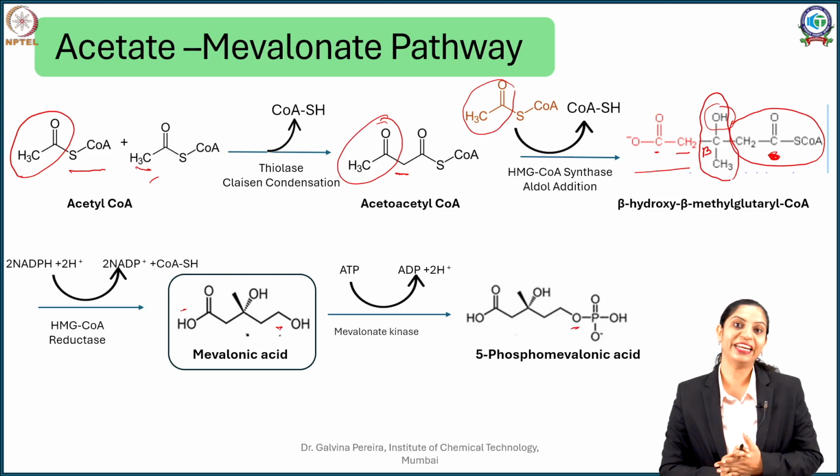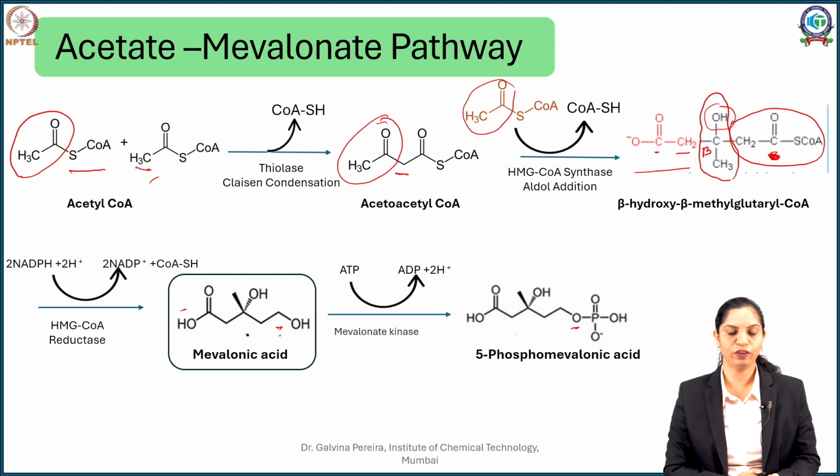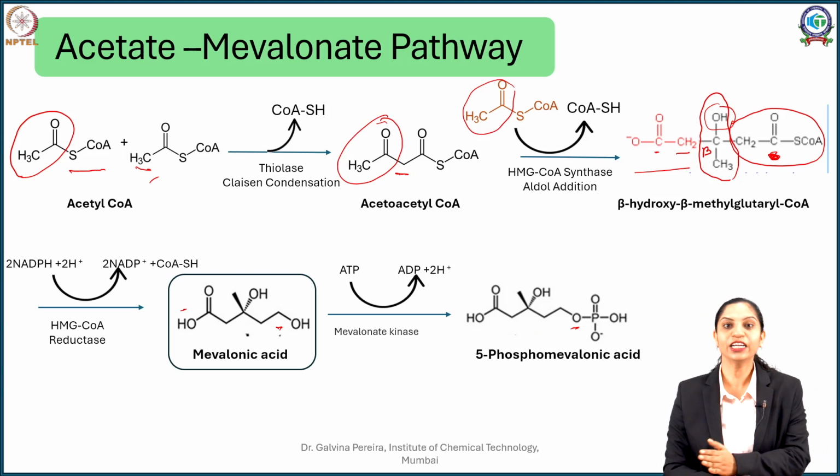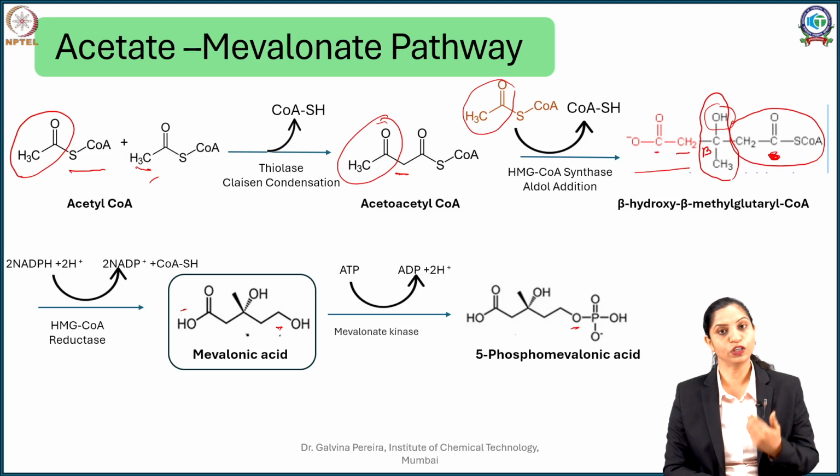Now this phosphorylation varies from organism to organism. In majority of the cases, you get what is called 5-phosphomevalonic acid. So just to recollect, you have 3 molecules of acetyl-CoA condensing to form a 6 carbon derivative, which is your hydroxymethyl-glutaryl-CoA. Now this hydroxymethyl-glutaryl-CoA undergoes reduction to form mevalonic acid, and thereafter phosphorylation to form phosphomevalonic acid.